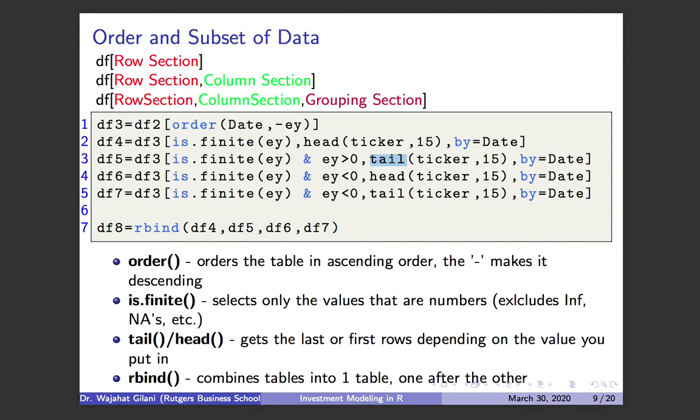So give me the lowest 15 tickers, sorry. But make sure the EYs are greater than 0. For my second strategy, I actually want the lowest ticker. But basically, this is finding me the smallest positive EY tickers. Okay?